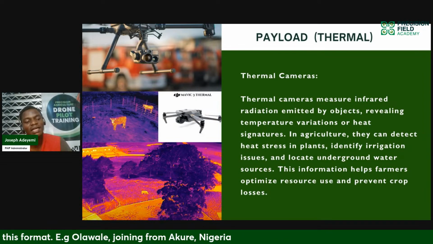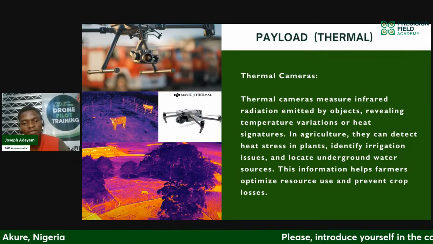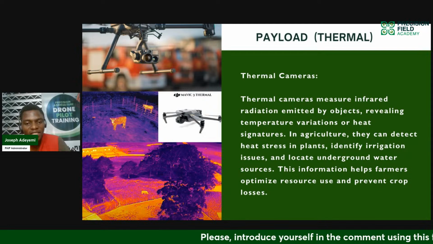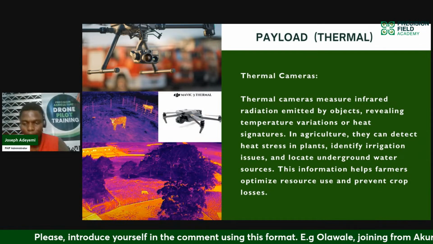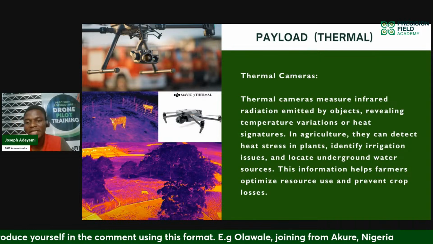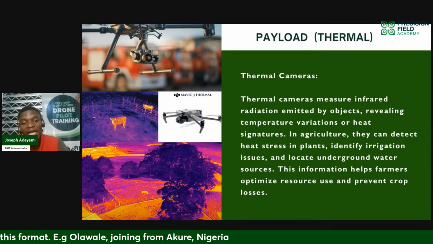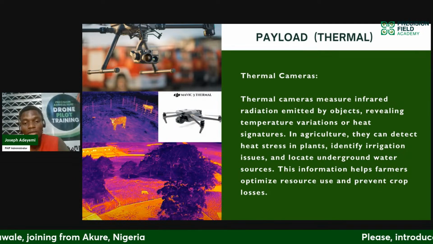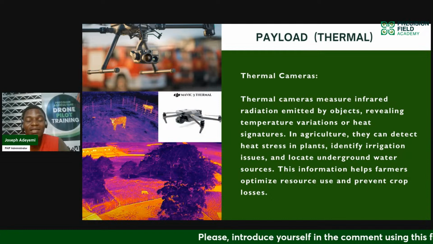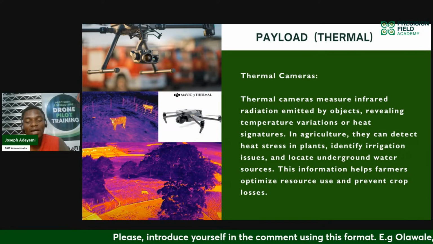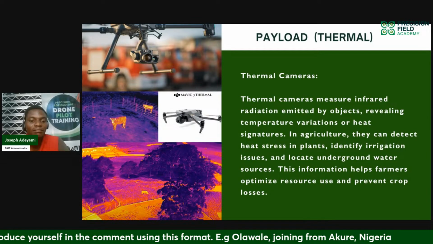Through this, you can know whether it's a plant, an animal, a building, an infrastructure, or maybe a vehicle. So a thermal camera has the capability. But in agriculture, basically, it can help detect heat stress in plants and identify irrigation issues, because it has the capability to detect the moisture content in the soil, to know the degree of the soil moisture.